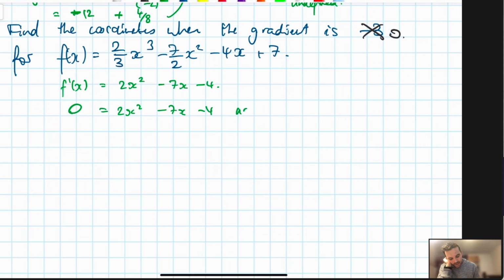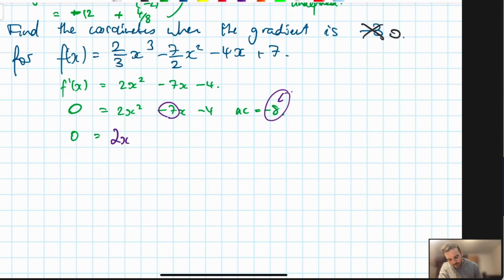Now we can see that this is a non-monic, sorry. So when is AC equal to -8? Okay, now let's think of two numbers that times together to make -8 and add together to make -7, okay? Now we can see that those numbers are going to be, what, -8 and +1? I think that works.